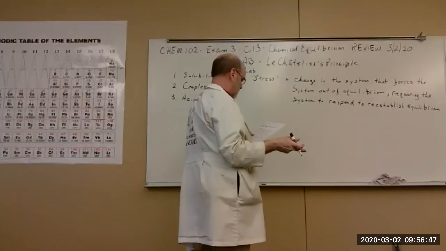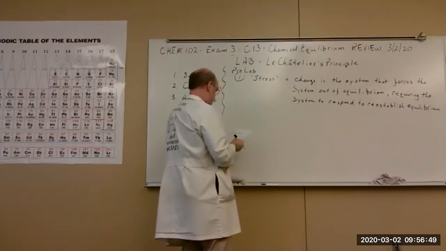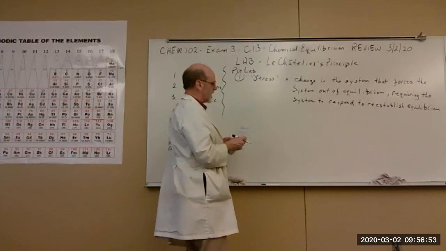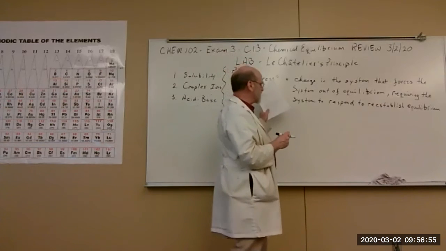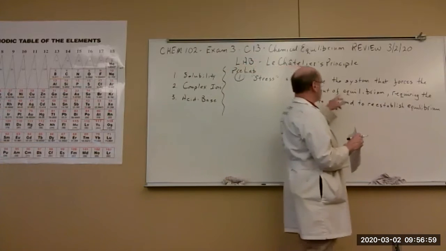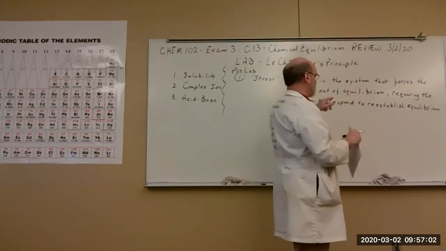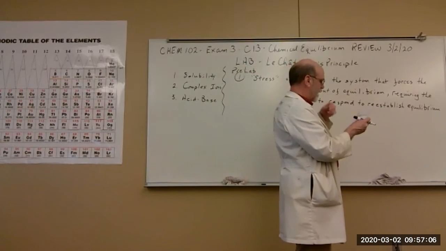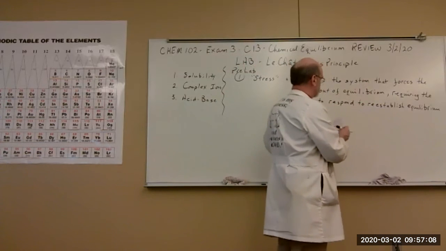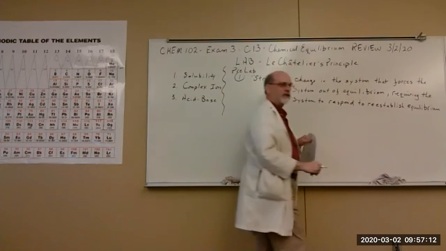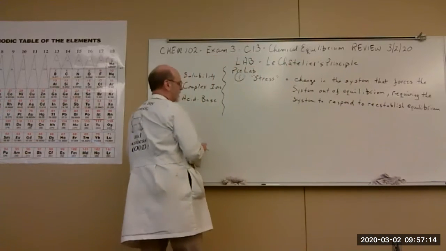Then the second part of that is give some examples. Actually, I answered the last part already in one statement. The stress itself is a change in the system that forces the system out of equilibrium. And then the last part of that question is, how does an equilibrium system behave? Requiring the system to respond to reestablish equilibrium. Those two parts. Now for examples.